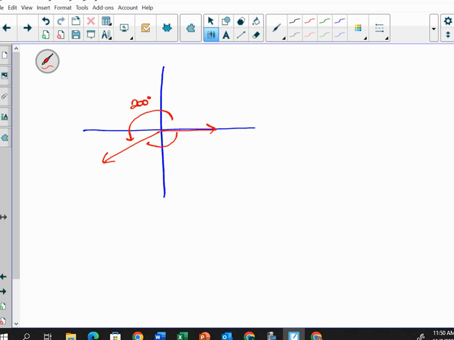Is that incorrect? Do you see that as a 200-degree angle? Okay, then no. Because it's all about the direction. If you go multiple times around, you can have an angle here that's more than 360 degrees, depending on where the terminal side is. Wait, you can do that? Yeah.